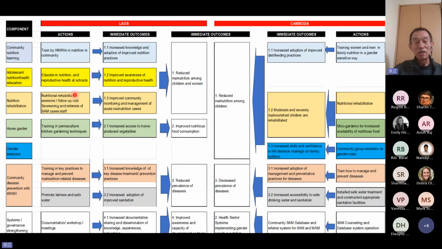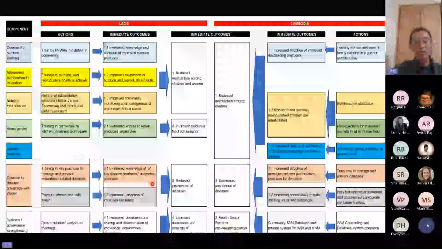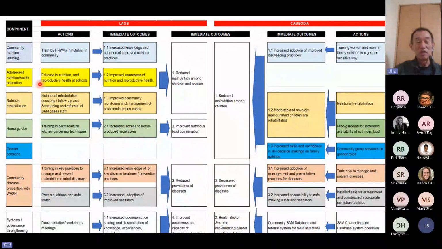As you can see, the different colors illustrate the different components of the project, which I already explained in the conceptual framework. It is quite similar, as you can see; the two-country program includes most of the key components of the project.